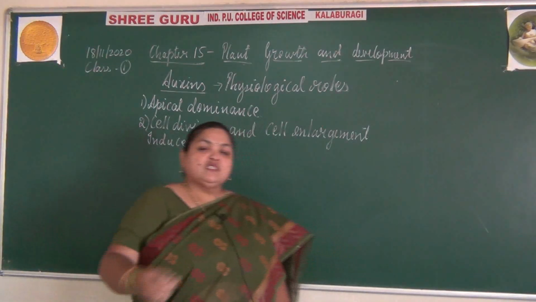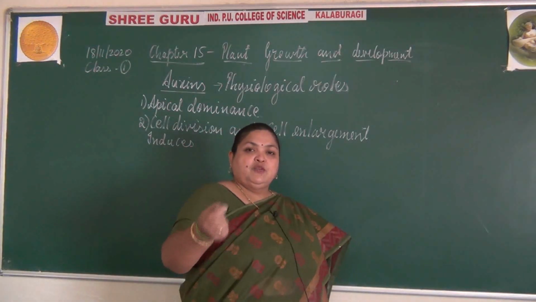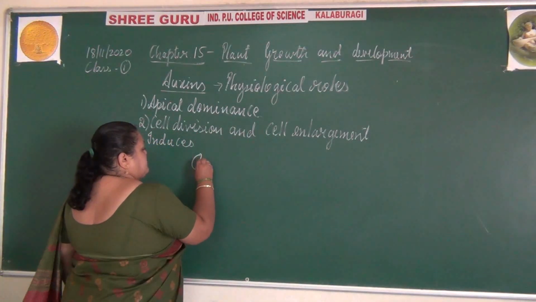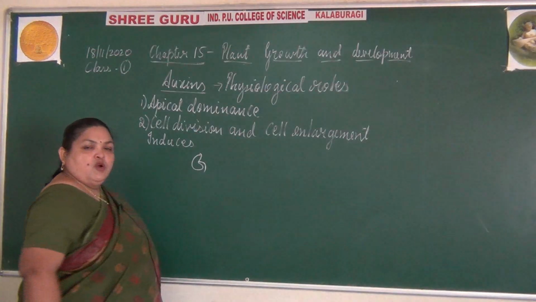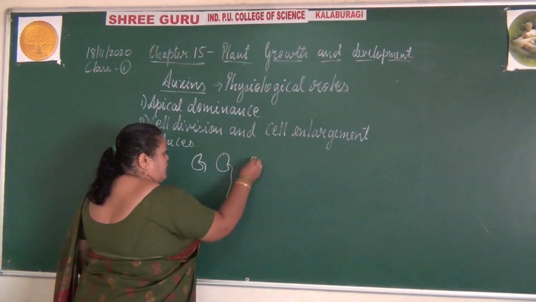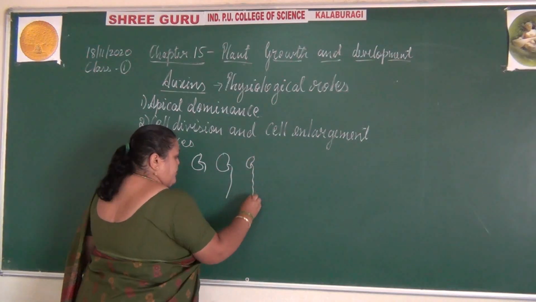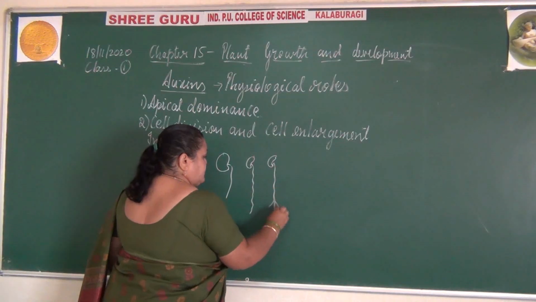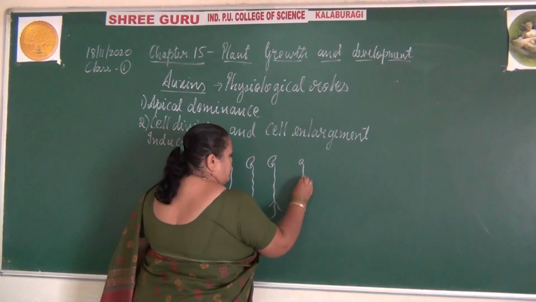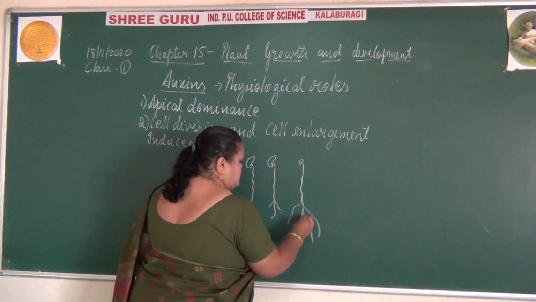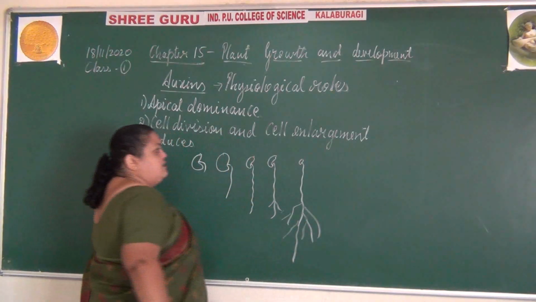If you take the germination of a seed, the seed initially grows with a small radicle, and as it grows, it produces the primary roots and the secondary roots, where the primary roots grow producing the lateral roots.